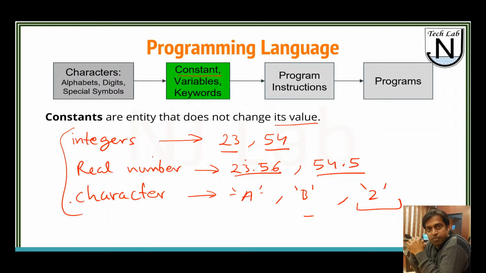So if one person writes 2 and another person writes 2 within single quotes, the meaning is different. Here the 2 is a number, whereas the 2 within single quotes is a character. So we have these three types of constants available.